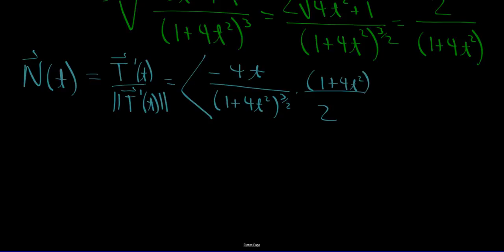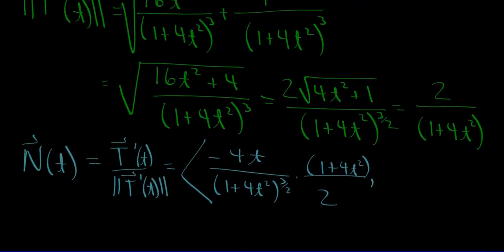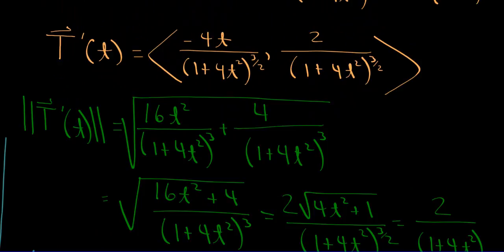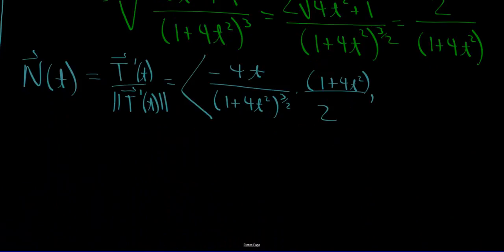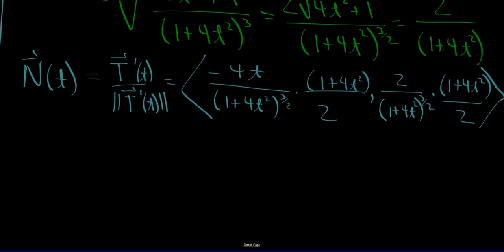Just trying to save a step. And then we've got this one, 2 over 1 plus 4t squared to the 1/2, so that's 2 over 1 plus 4t squared to the 3/2, and we're multiplying it by the same thing. Any questions about that?